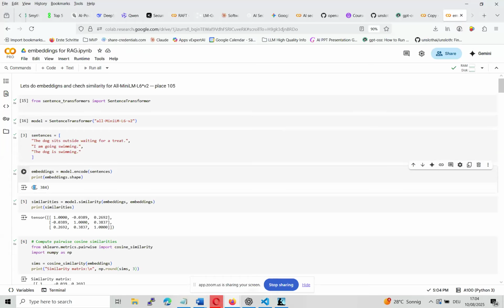If we print the embeddings shape, we have three sentences, and this model, all mini LM, has 384 dimensions, so it's a small one.